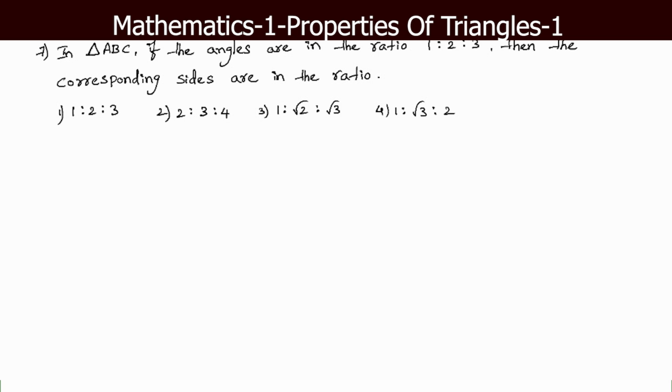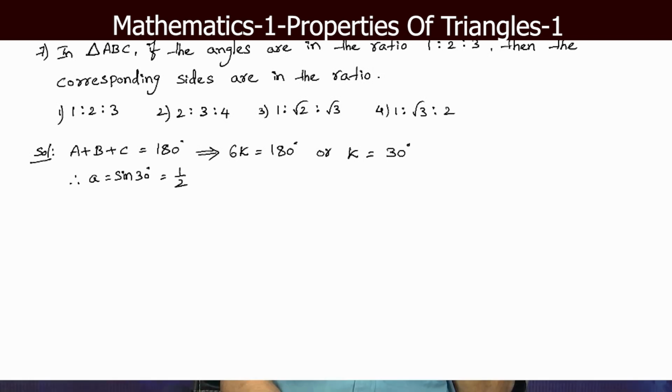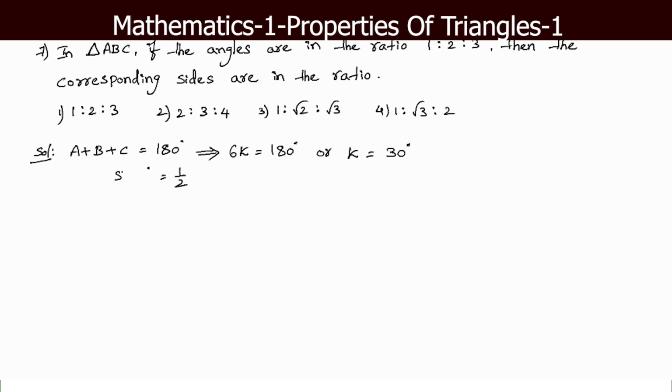So if you take the angles A equal to k, B is equal to 2k, C is equal to 3k. So therefore A plus B plus C is equal to 180 degrees. So 6k is equal to 180, or k is equal to 30 degrees. So therefore the angles are 30, 60 and 90.